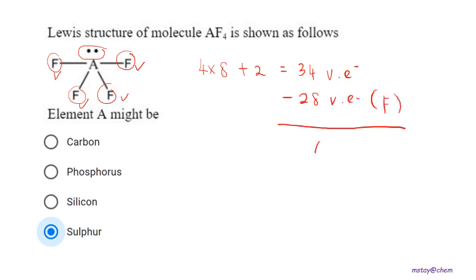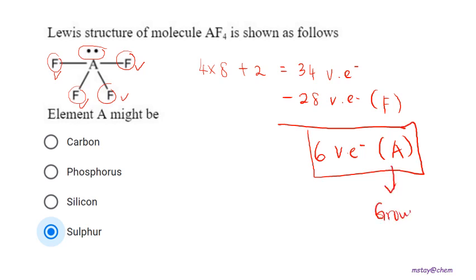That means the remaining 6 valence electrons are from A. If they have 6 valence electrons, that means A is an element from group 16. Carbon is from group 14, phosphorus group 15, silicon also 14, so sulfur is group 16. So the answer is sulfur.